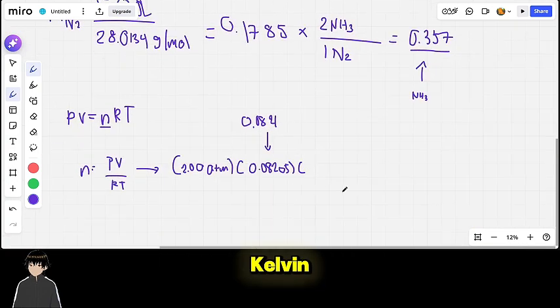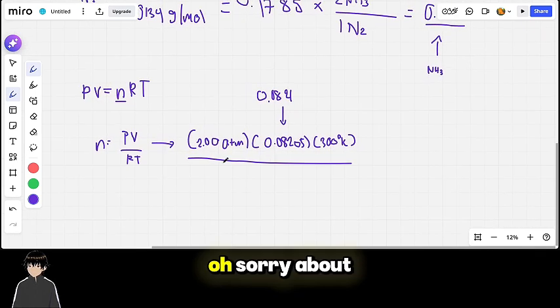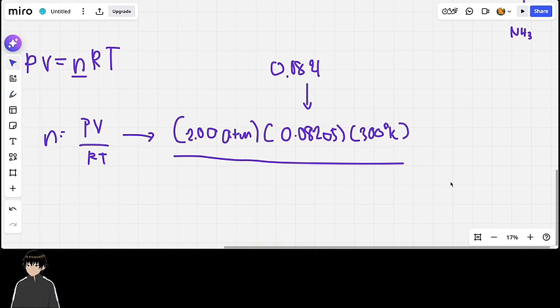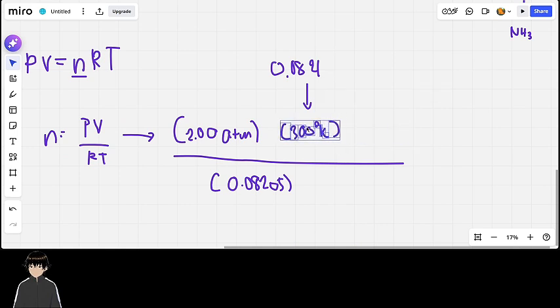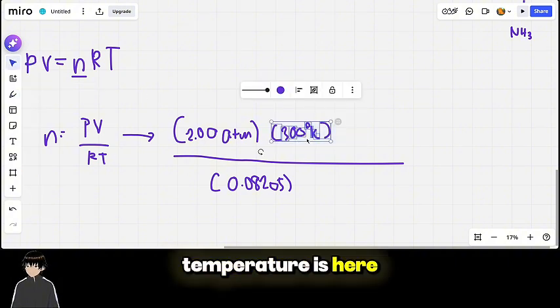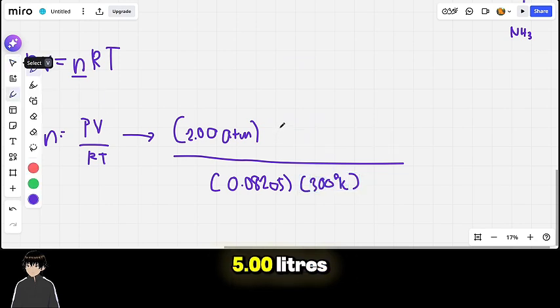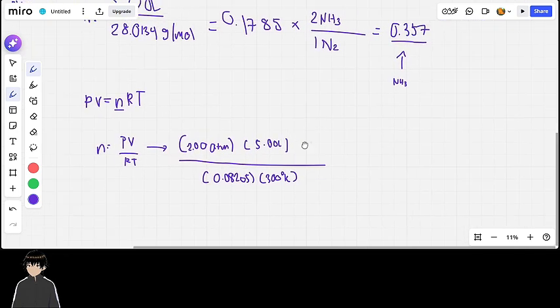Temperature is 300 Kelvin. Oh, sorry about that. You actually put this on the bottom, times the temperature. The volume is 5.00 liters.